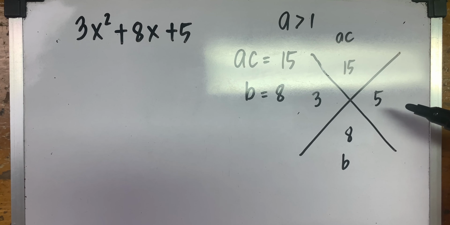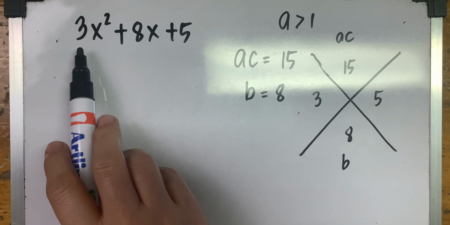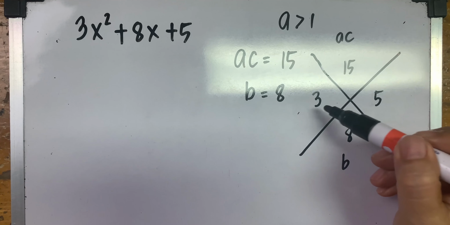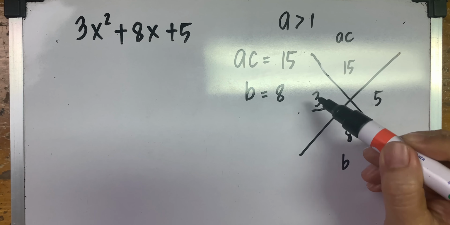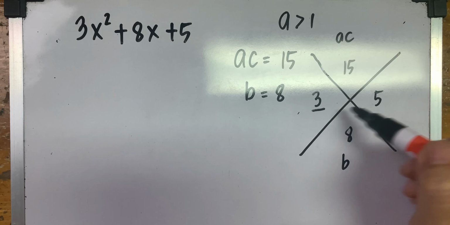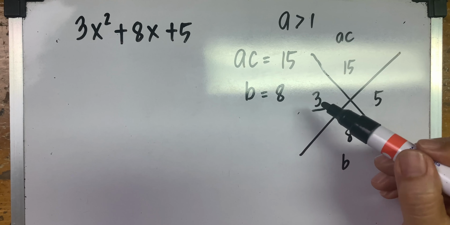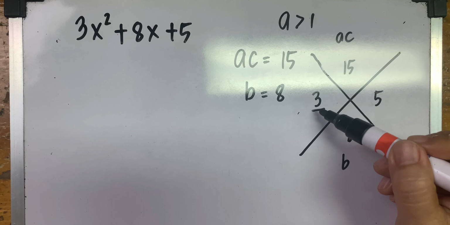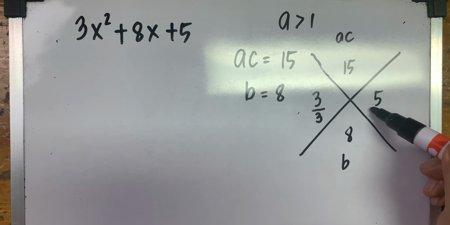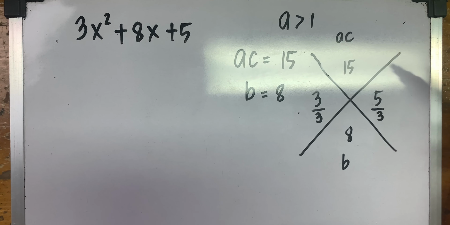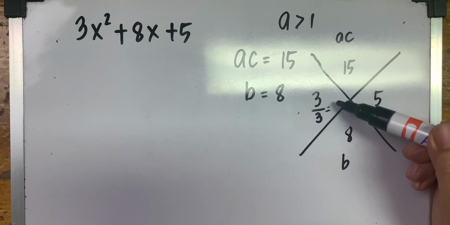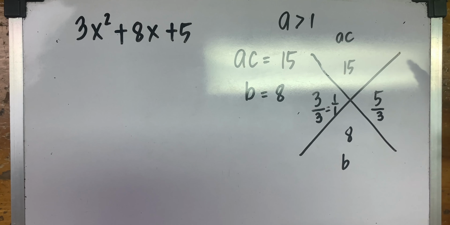Okay, remember we have a equal to 3. So therefore, we have to divide these two numbers by the coefficient of x squared, which in this case is 3. And then reduce this to lowest terms. So this will give us 1 over 1. This one is already in the lowest terms.